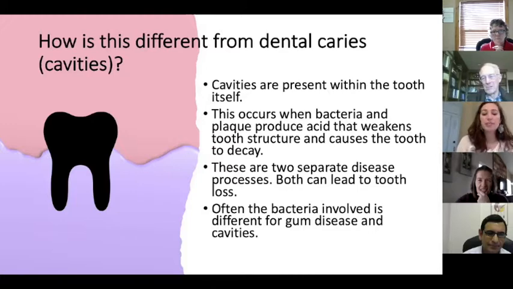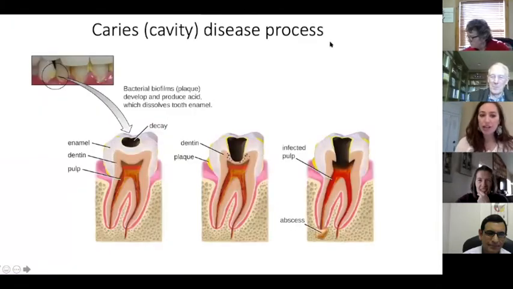But the bacteria involved in both of these disease processes can be different. I have a little picture too to help with this. Both are caused by bacteria, but in this picture the bone is still in place, the ligaments and tissues are still in place, but you can get a little infection at the base of the tooth. This can be treated with a root canal or with a filling.